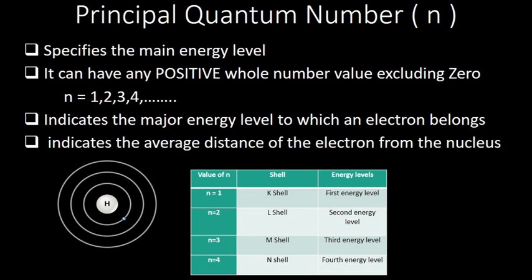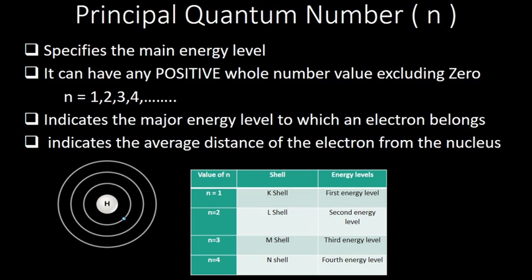If n is equal to 1, the first round, the electron will be very close to the nucleus. If n is equal to 2, it will be a little far away from the nucleus. The third one will be the most distant electron. So it tells the average distance. The value is always a positive whole number.